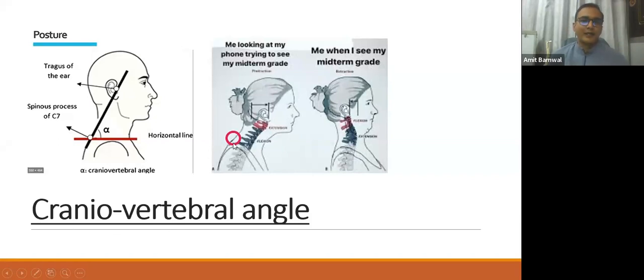We can have a lot of neurophysical effects on the nerves coming out from the cervical region as well as from the brain. They found the addiction may be okay, but they need to correct their angle or posture, which is very important because it will lead to neck issues as well as scapular dyskinesia.